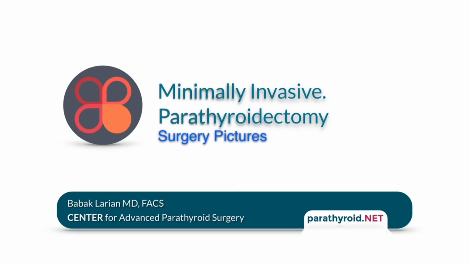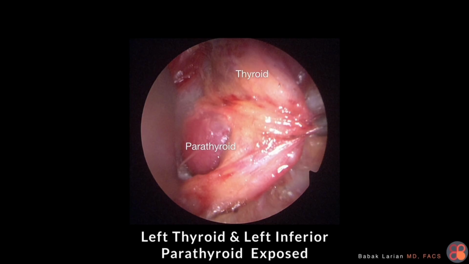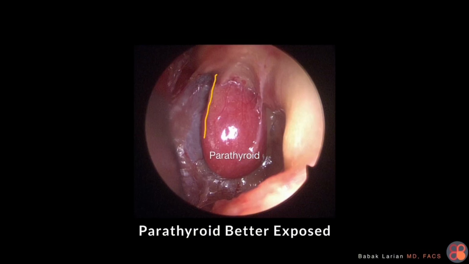Now let's look at an inferior parathyroid, okay? So again, you can see the thyroid gland that's being reflected and the parathyroid. The parathyroid is now dissected even more and separated. You can see the blood vessels coming into it here.